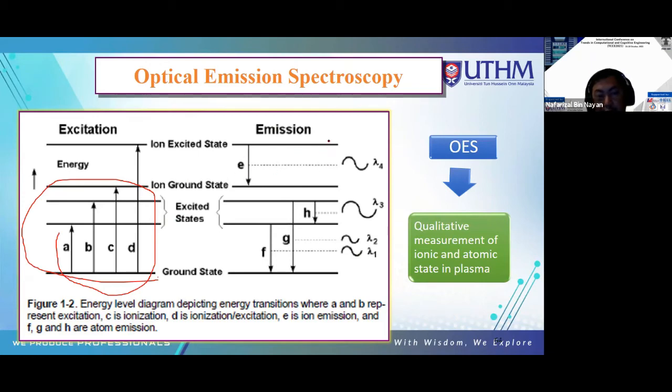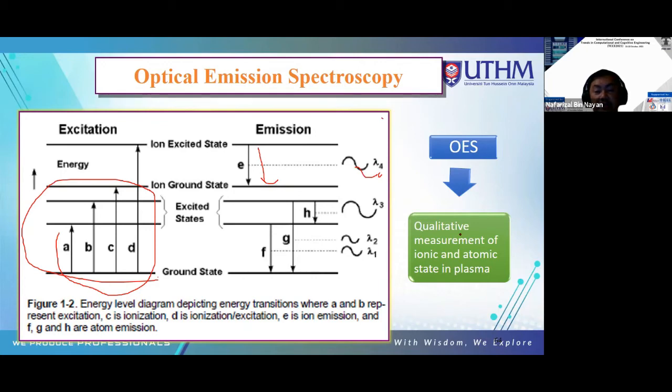Of course, the upper level is not stable, so when they want to jump to the lower level, they will emit light, a lambda here. So that is how we can get the emission.